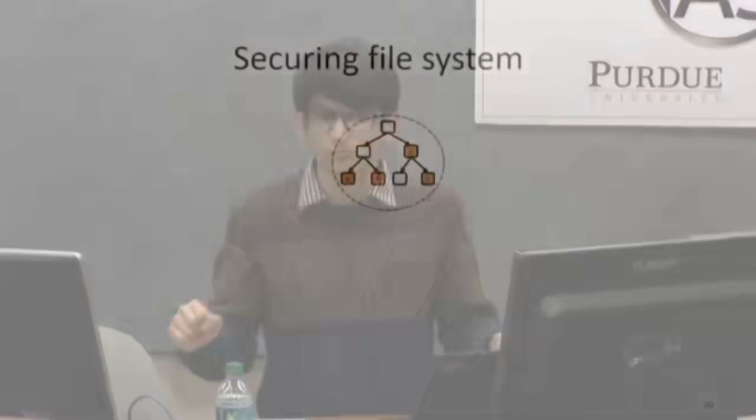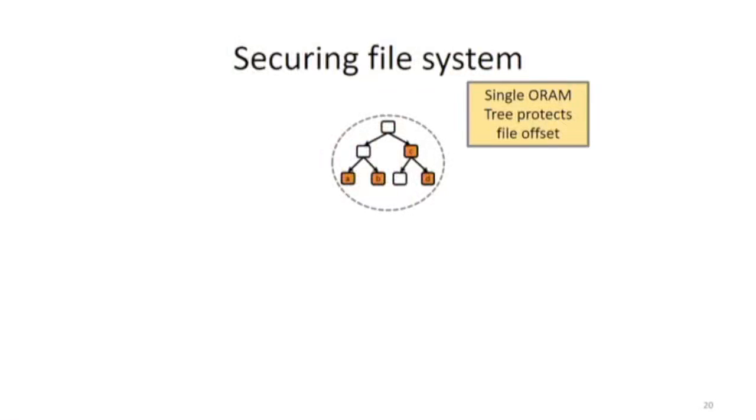So each file is an ORAM tree. Each file is broken down into smaller blocks. For example, if this file has 4 blocks, we break it down into 4 different blocks and create an ORAM tree out of it. This single ORAM tree is going to protect the file offset, because whenever you access a specific offset, we ensure that you do one ORAM operation, an ORAM access.